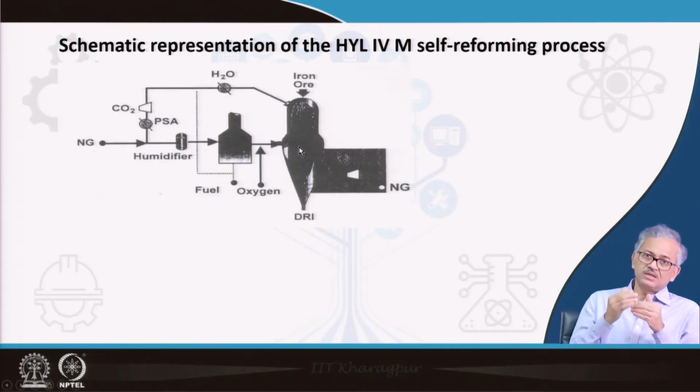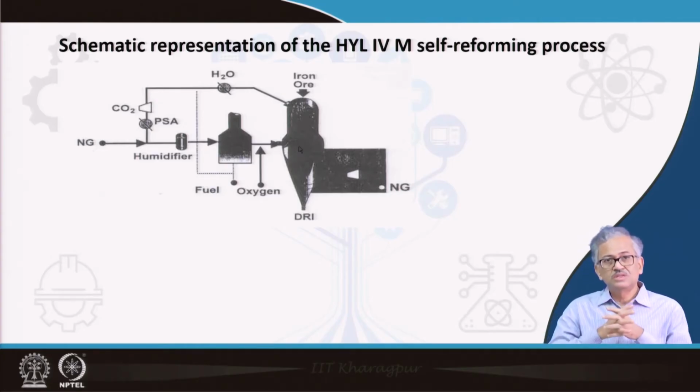So the gas enters the reactor at a much higher temperature, around 1000 degrees centigrade, compared to 900 degrees centigrade in HYL3. Here it enters at a higher temperature because high temperature is required inside, since you are doing the reforming as well as the reduction, and both are endothermic processes.